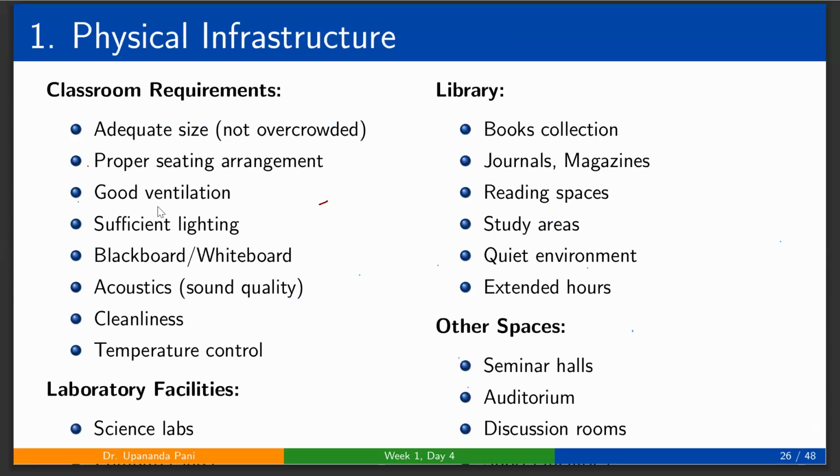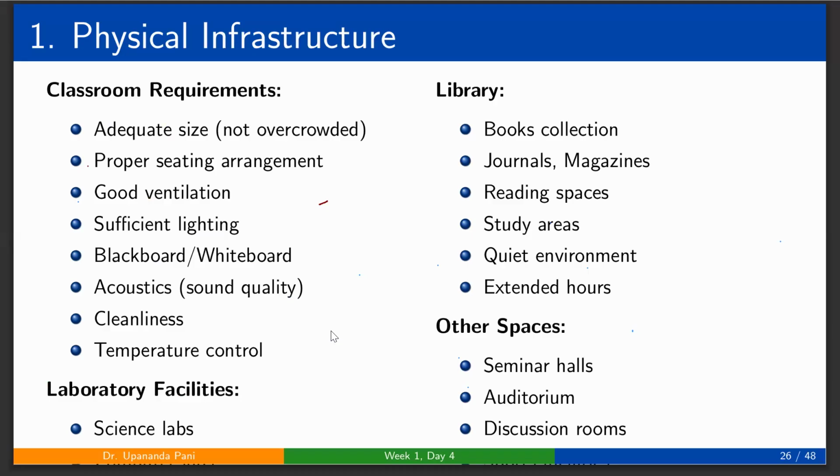Now, what are the dimensions of physical infrastructure? Classroom requirements: adequate size, not overcrowded, proper seating arrangements, good ventilation, sufficient lighting, a blackboard or whiteboard, sound quality, acoustics, cleanliness, temperature control.